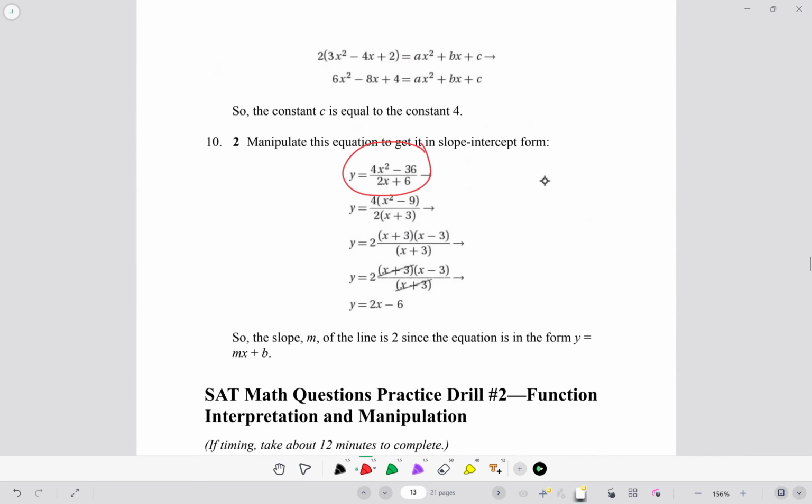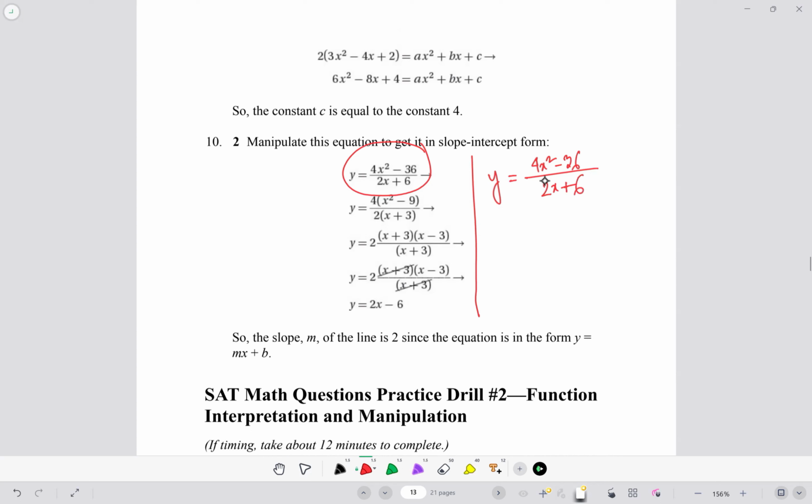Okay. So manipulate this equation to get it in slope intercept form. They're just doing some simplification, and after the simplification, they're telling you that it is basically y equals 2x minus 6. The very first thing that anyone can make a mistake on is to just look at this equation: 4x squared minus 36 over 2x plus 6.